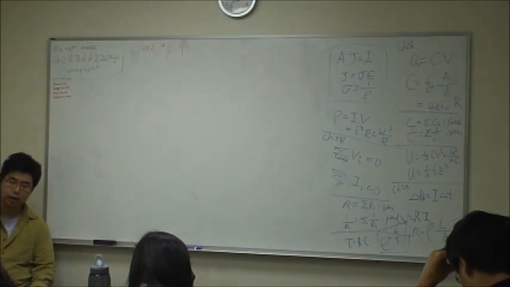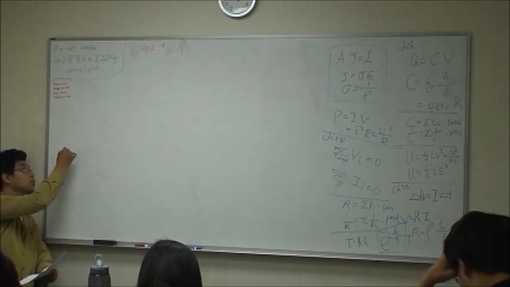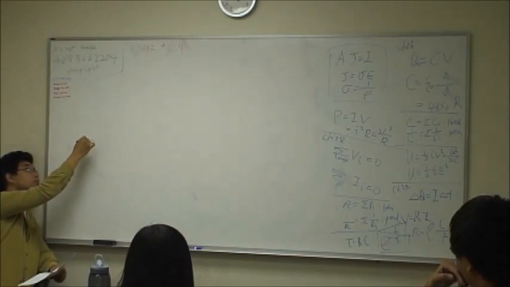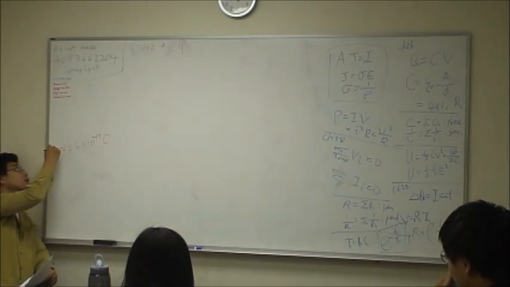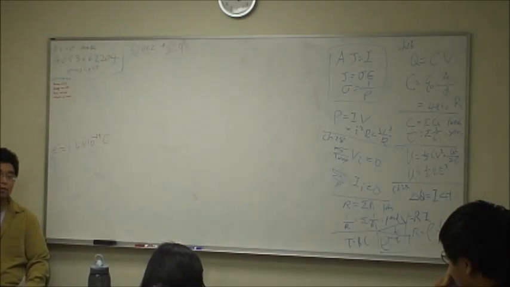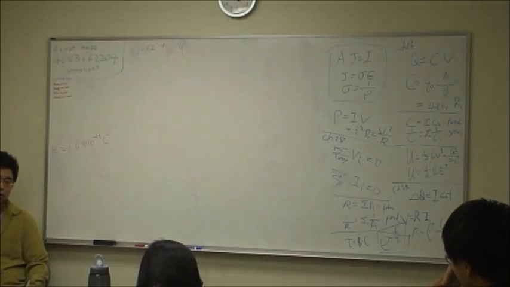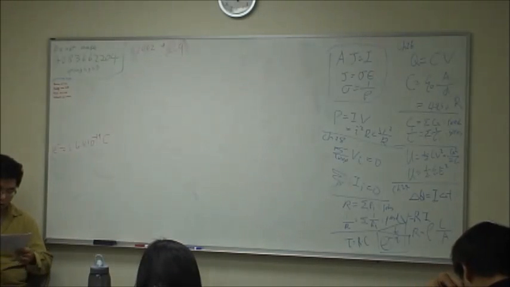One thing to talk about: electron. One electron is how many coulomb? 1 over 6.2. One electron is 1.6 times 10 to the negative 19 coulomb. So what's the answer?